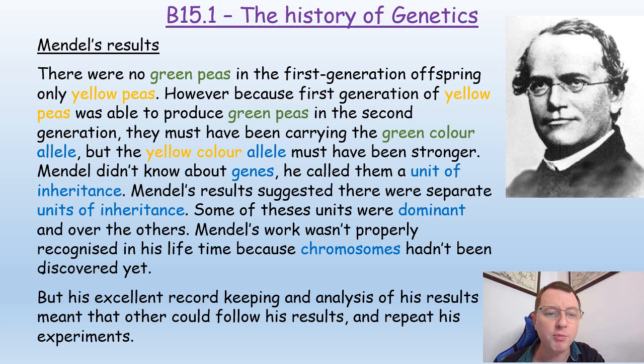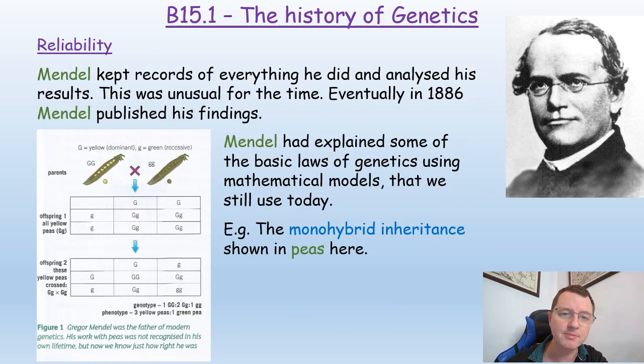Mendel's work wasn't properly recognised in his lifetime because chromosomes hadn't been discovered yet, but his excellent record keeping and analysis of his results meant that others could follow his results and repeat his experiments. As I've said, Mendel kept records of everything he did and he analysed his results, and this was very unusual for a time.